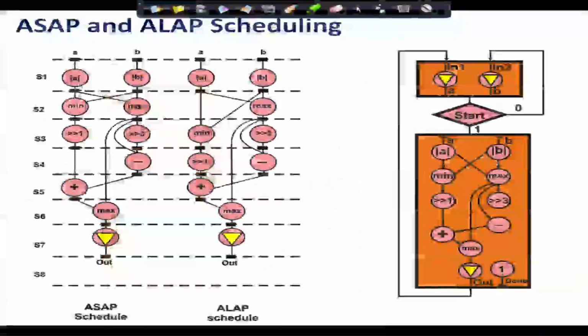Whenever I have got the data for a particular operation ready, say there is an operation add and there is no further dependency on this, I schedule it, and there is another operation which is actually dependent on this, maybe multiplication.